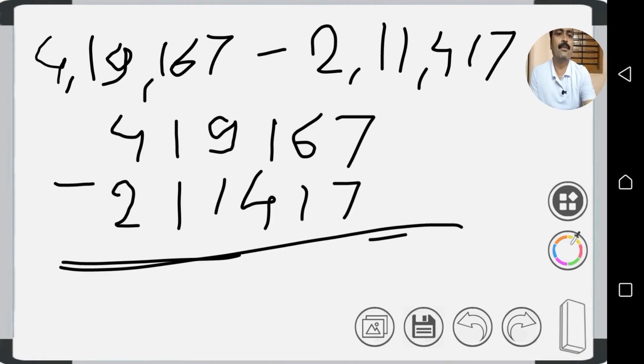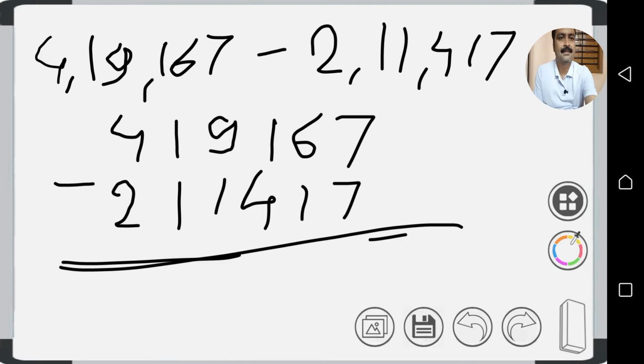So the method that we continue here, it is a direct way. Let's keep in mind. So when you observe this vertical arrangement, all digits that are coming one below each other at proper places. So we start subtraction from ones place.